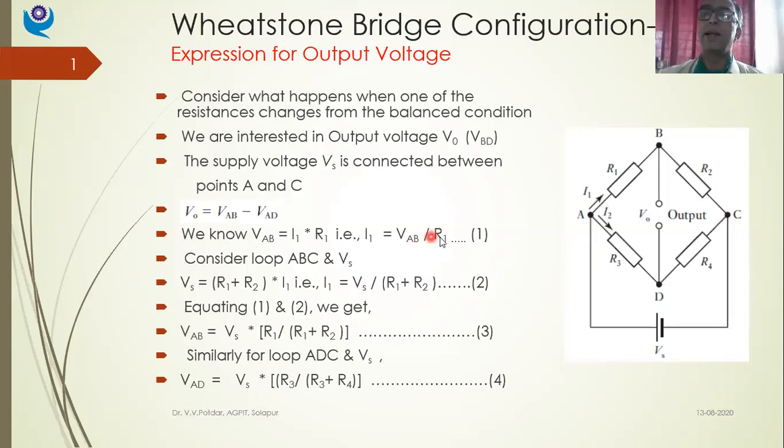Taking R1 to the right hand side, VAB is equal to Vs into R1 upon R1 plus R2. Everyone has got it? Please be attentive. This is equation number 3.